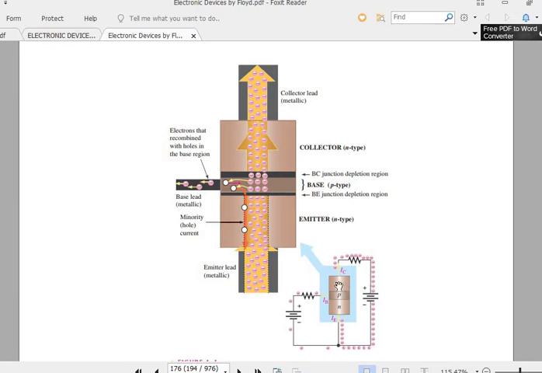So here electrons are the majority carriers in this N type material, and it is connected with the opposite polarity. So this works in the reverse bias, as we have discussed thoroughly in the diodes.